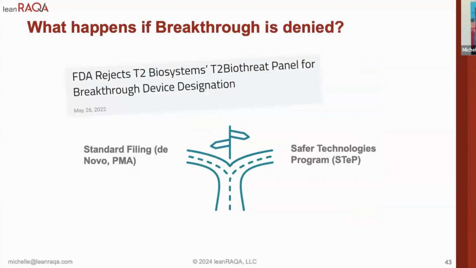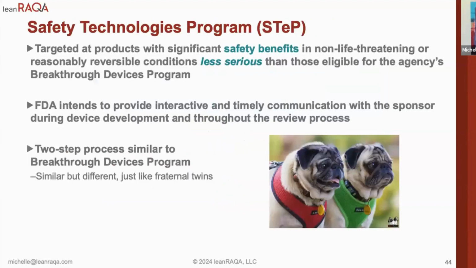So what happens if your breakthrough is denied? Well, you can go about your merry way and do the standard filing of whatever you were going to do before, be it a de novo or a PMA. Or possibly if you feel like there could be an argument for the Safer Technologies program, you can go that way and then proceed with your submission.